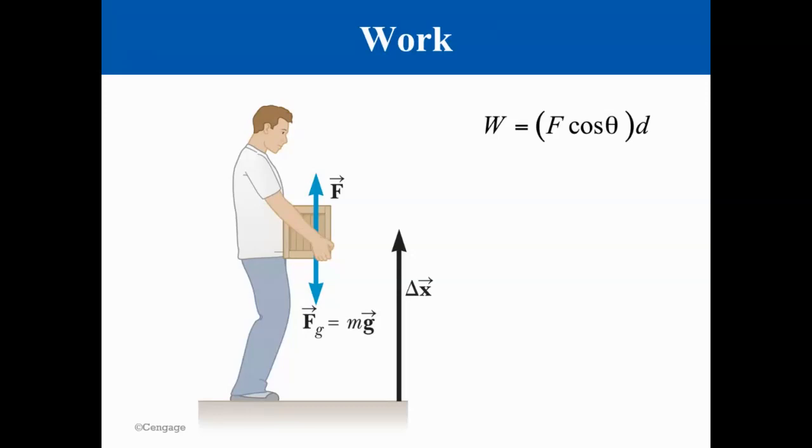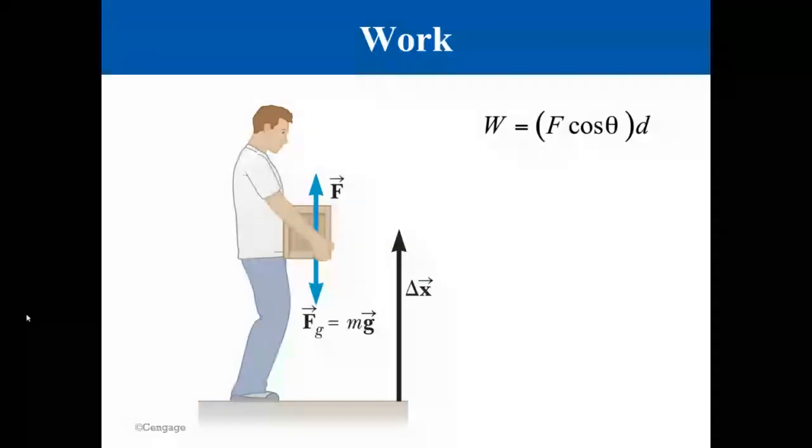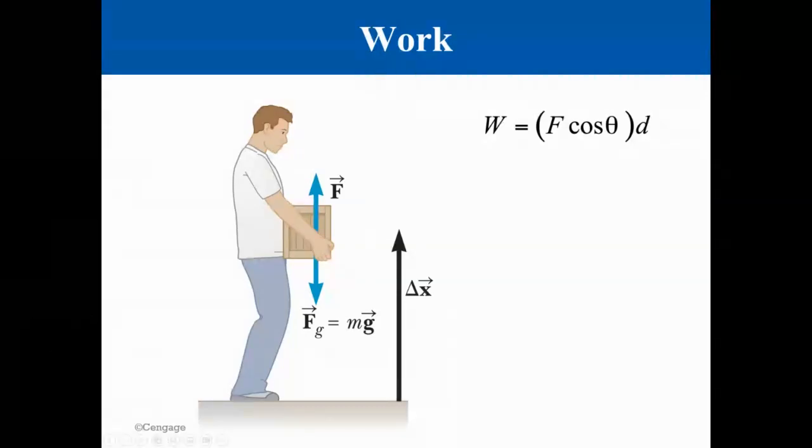So this also depends on the direction of the force relative to the direction of the displacement. When these vectors are pointing in the same direction, we find that the angle is 0, cos 0 is 1, positive 1, then the work is positive. So work can be positive and negative, it's more of a directional kind of thing.